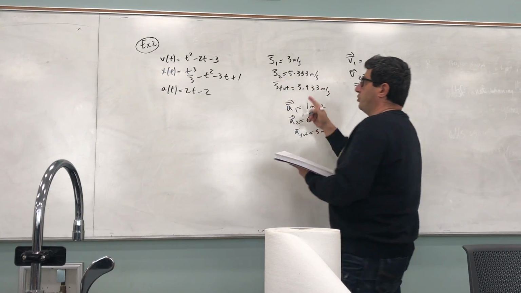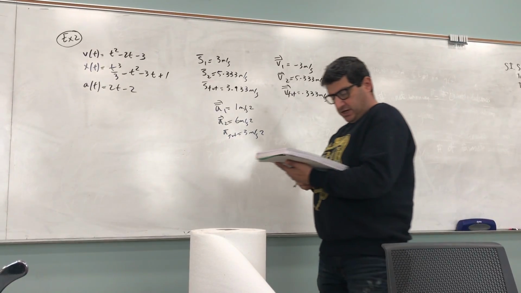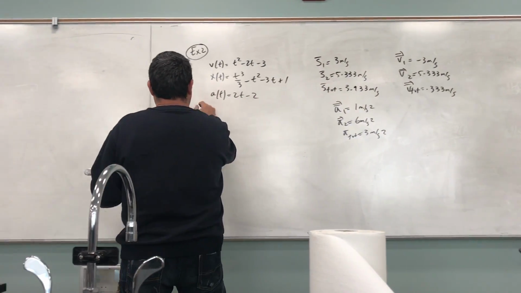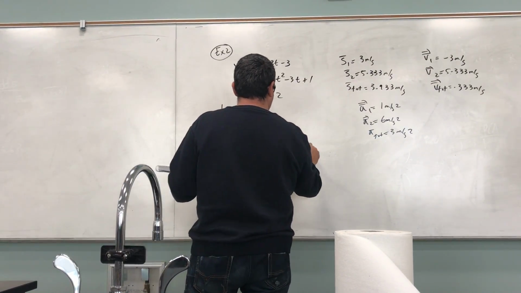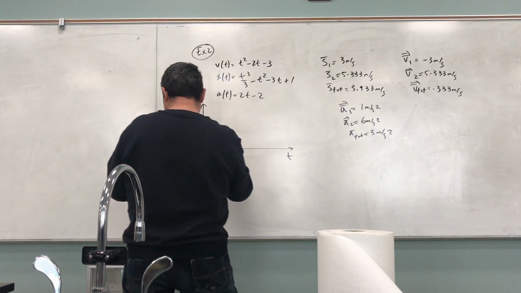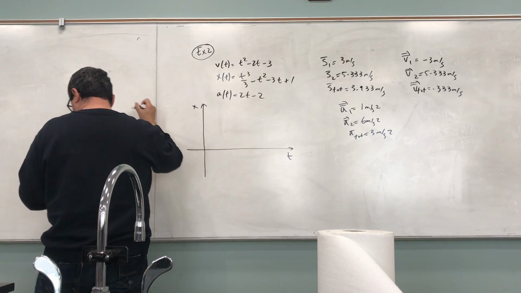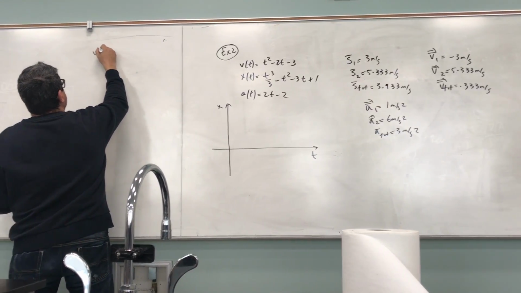So we got all the average values. We plotted the path of the particle, and then we also started plotting the graph of the position versus time. And then we have velocity versus time.